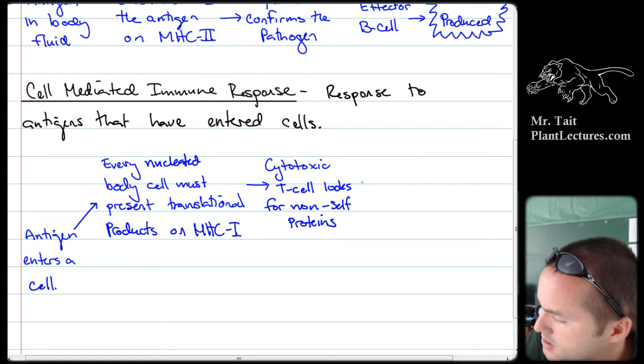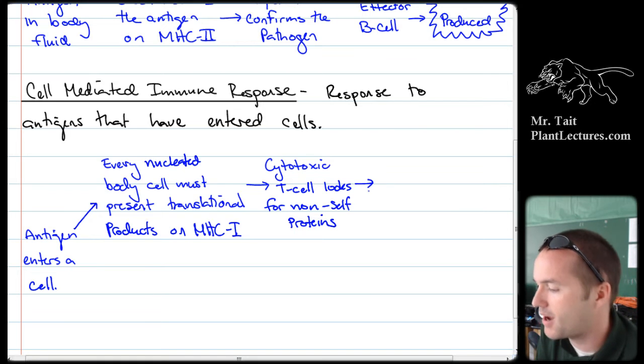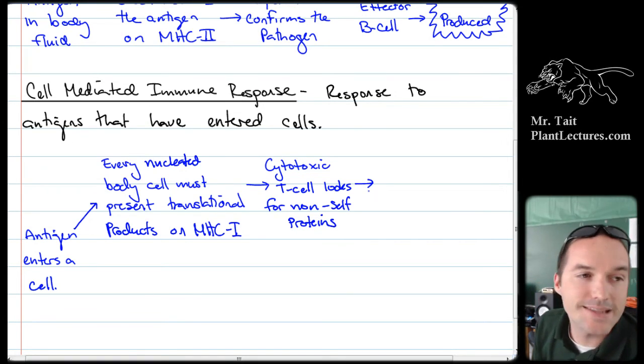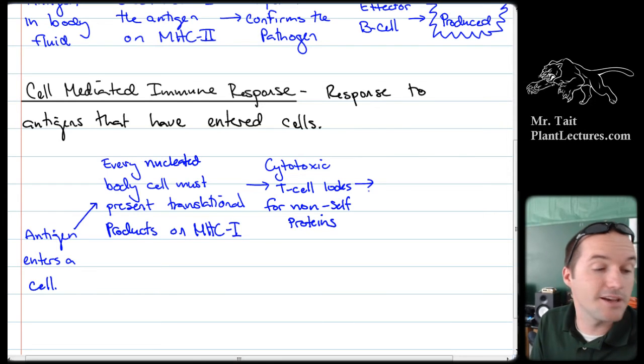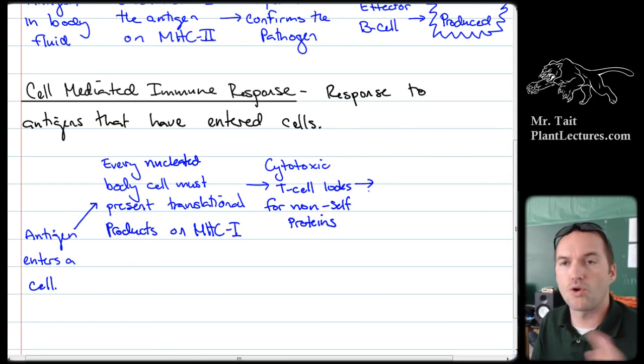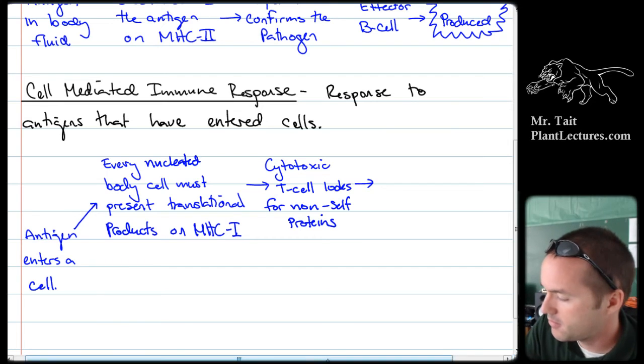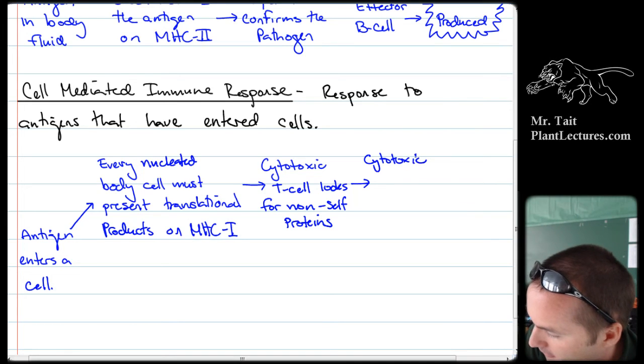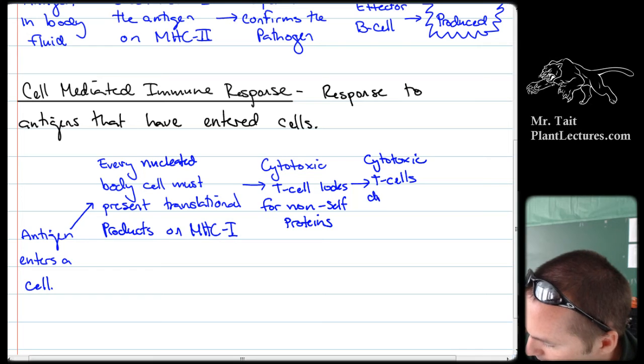Any protein that is not supposed to be produced by the body is going to be recognized by a cytotoxic T cell. Then that cytotoxic T cell, if there is a non-self protein being produced, is going to destroy that cell. So the cytotoxic T cell destroys infected cells.